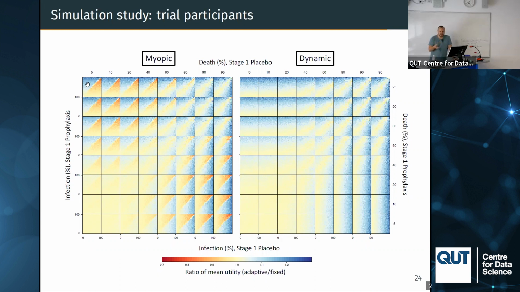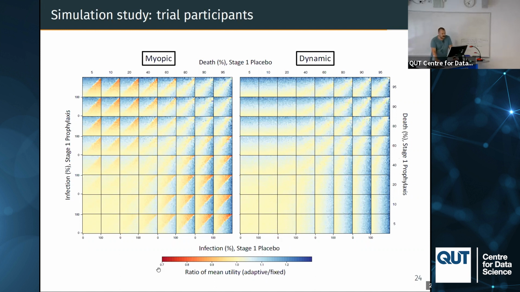I think the main takeaway here is that where the stage 1 infection rate is relatively lower, but then followed by a relatively higher death rate, you can get this really nasty decrease in utility relative to a fixed trial design.